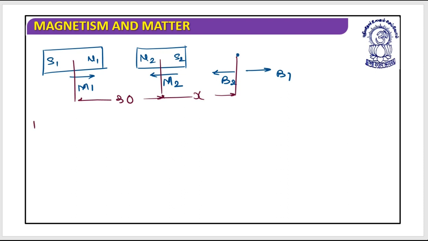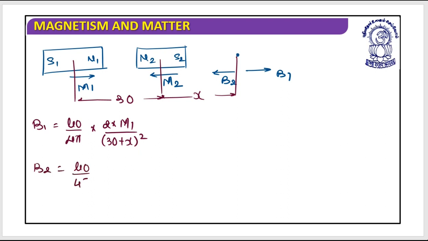So B1 equals mu naught by 4 pi multiplied by 2m1 divided by (30 plus x) whole square, and B2 equals mu naught by 4 pi multiplied by 2m2 divided by x square. What I want is B net to be 0.